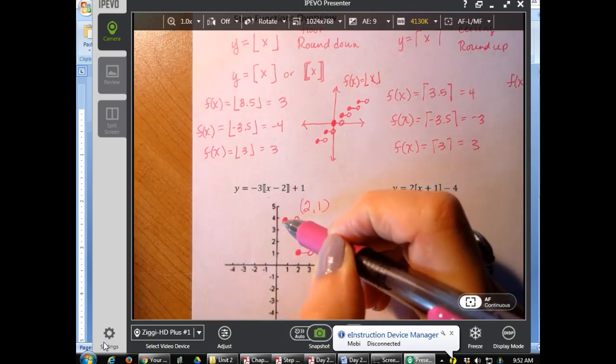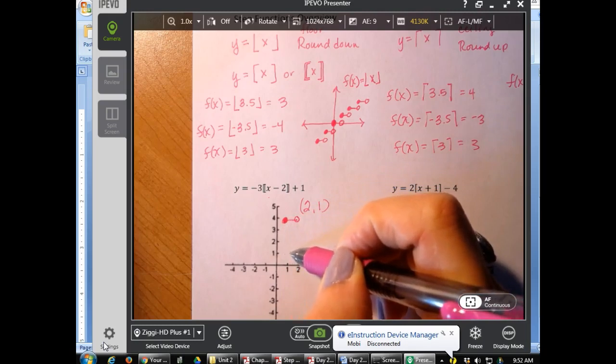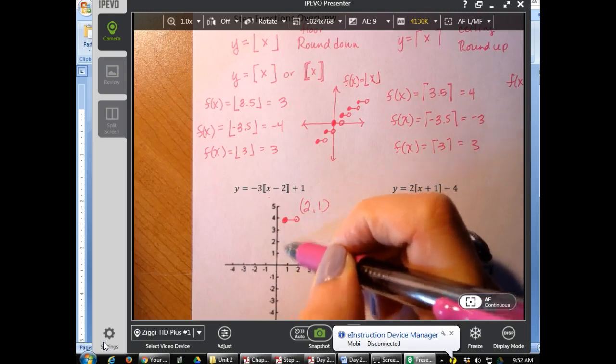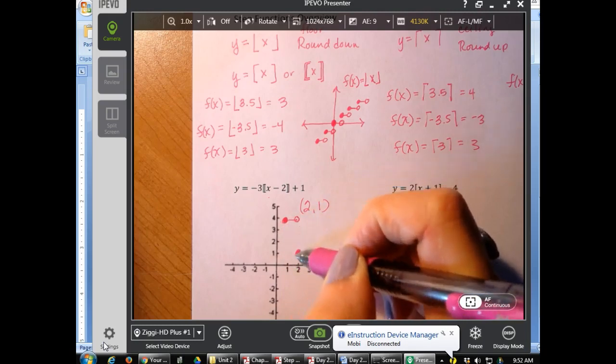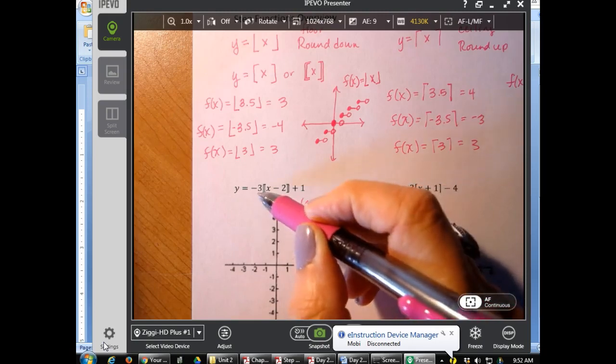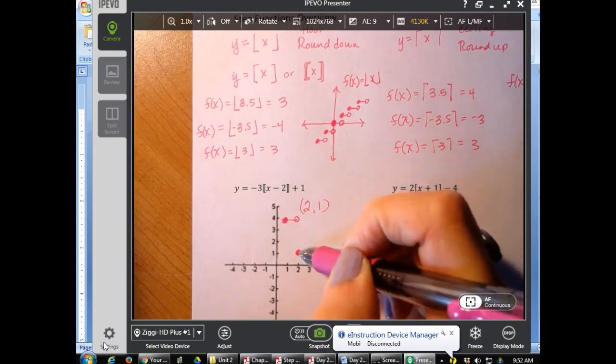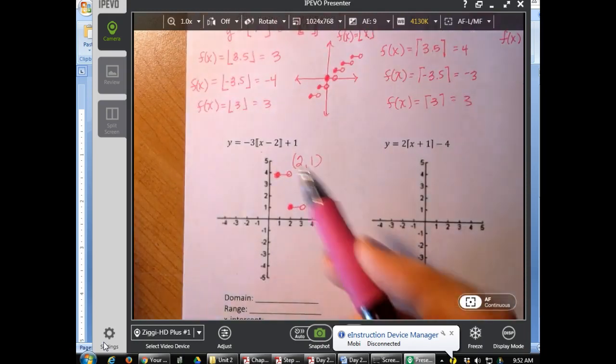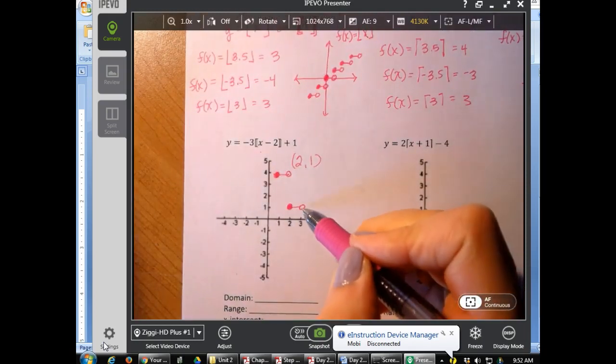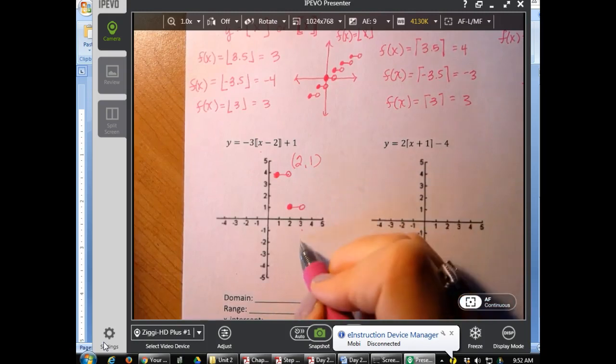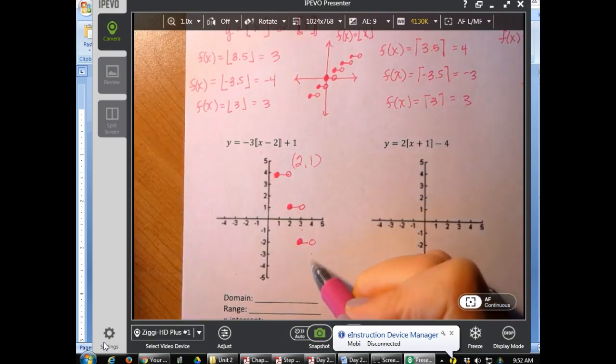You would go down 3 to the right 1 to get to the next point. That is creating a negative slope, and it is actually a slope of 3 if you consider the relationship between those 2 points. Really, you're just going to go down 1, 2, 3 to put the next value in place and continue in that pattern.